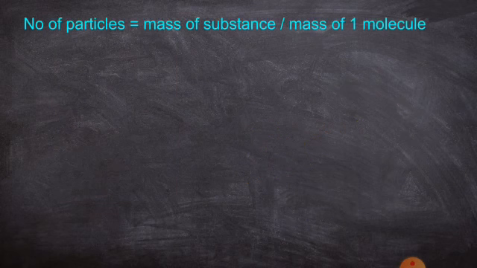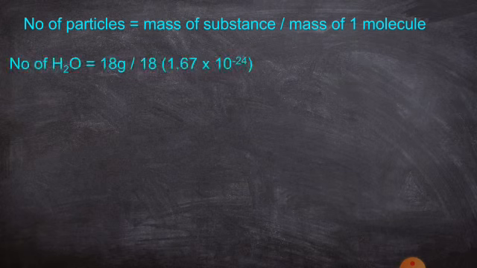So let's see how many particles are present in 1 mole of water. Number of particles is equal to mass of substance divided by mass of one molecule. You know the mass of substance will be 18 gram, then the mass of one molecule is 18.